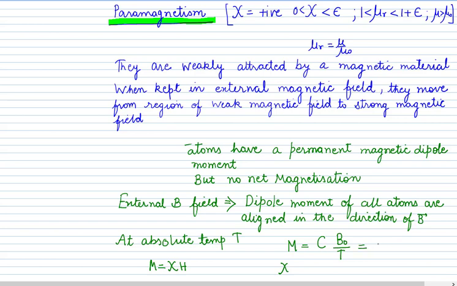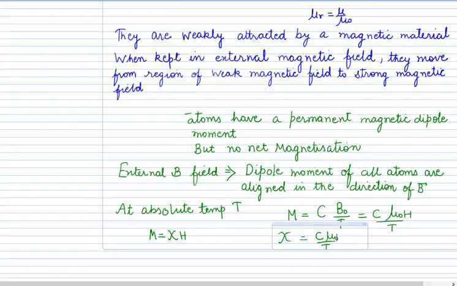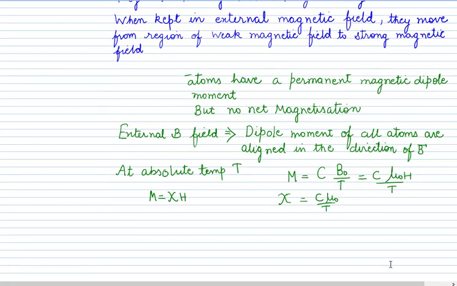This will be written as C B naught V naught, we can write it as mu naught H upon T. Right? So if we compare these two equations, H is common, M is common, then Xi may be written as C mu naught upon T. C is the Curie constant, mu naught is the permeability of free space, and T is the absolute temperature.